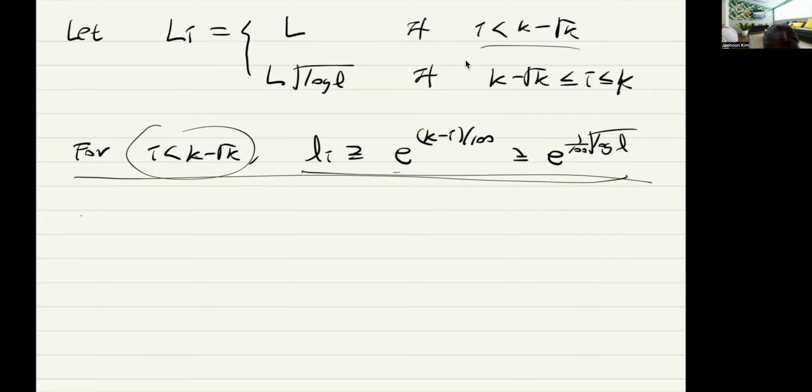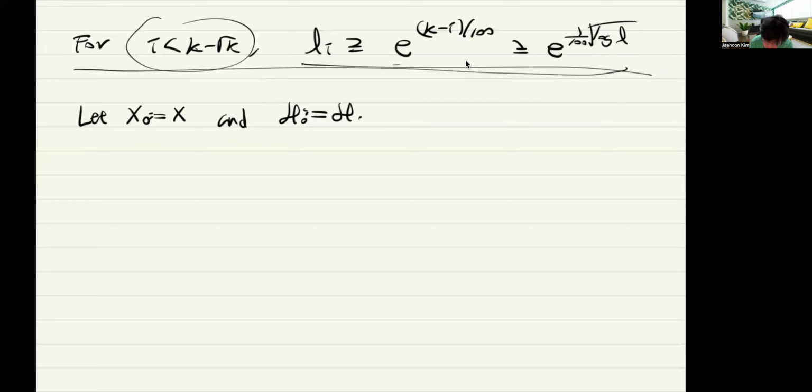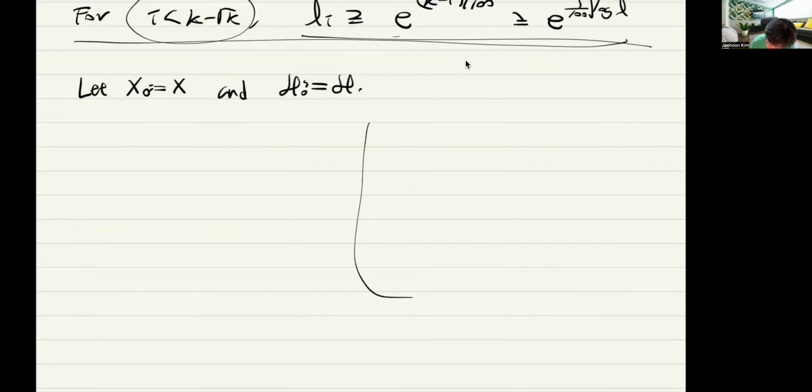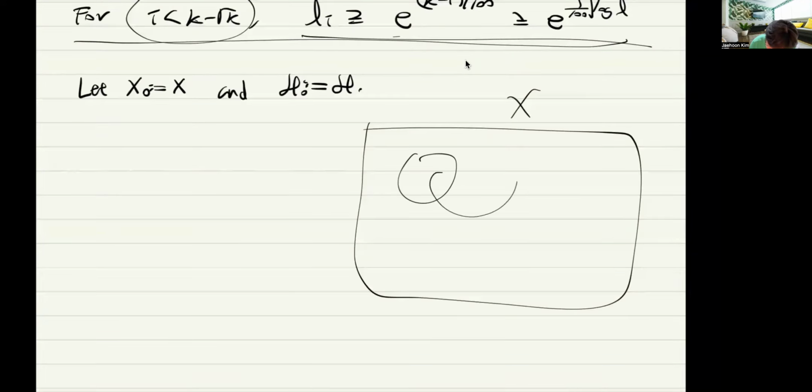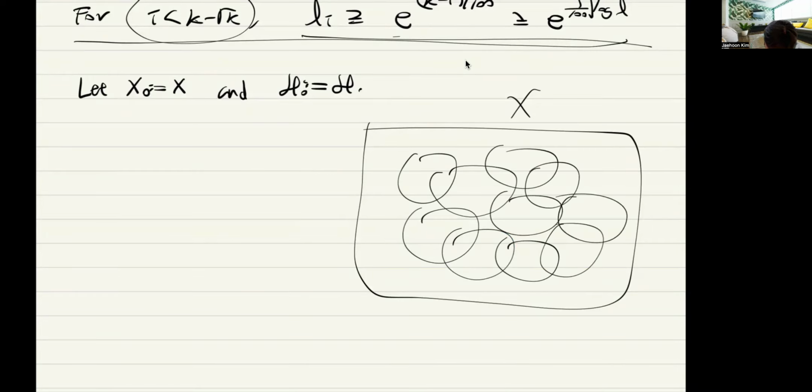And now what do we do? We let X0 be X, and H0 is your original hypergraph H. So you have your set X, and there you have many edges of the hypergraph.